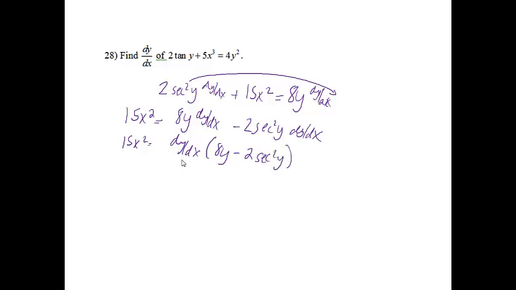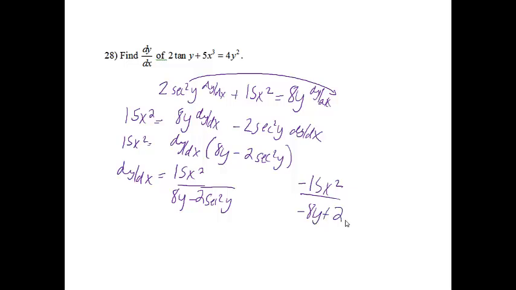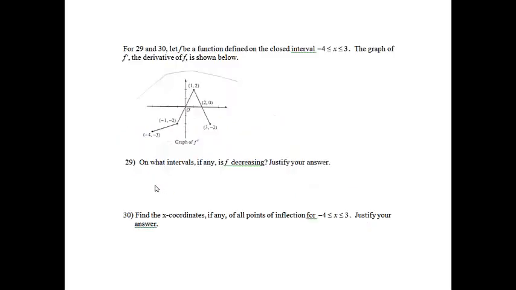And then from here, we'll just divide both sides by what's sitting next to that dy dx. So I will get dy dx is equal to 15x squared over 8y minus 2 secant squared y. You will notice that if you brought things the other way, you would have ended up with negative 15x squared over negative 8y plus 2 secant squared y. Those are identical answers, so we are good to go.